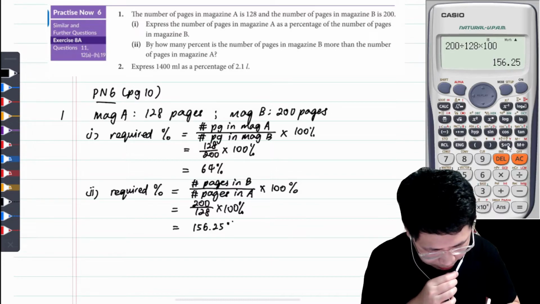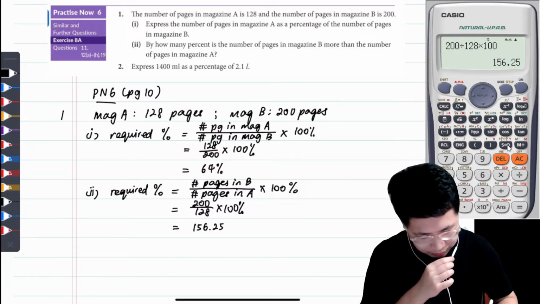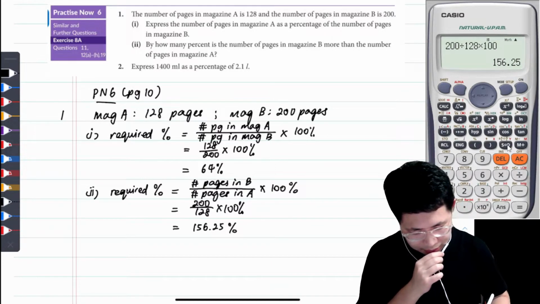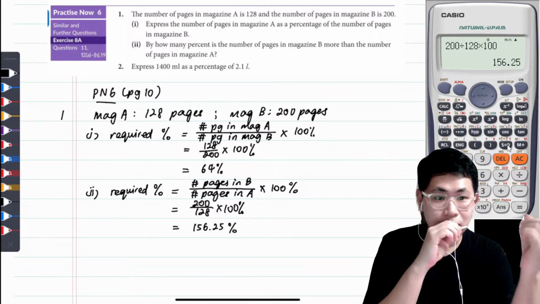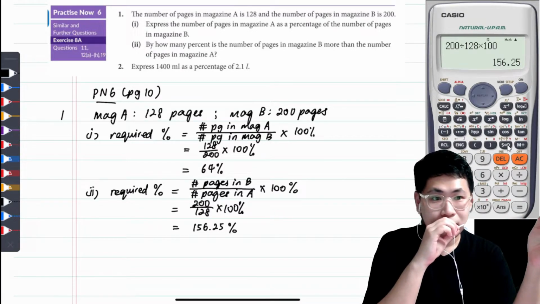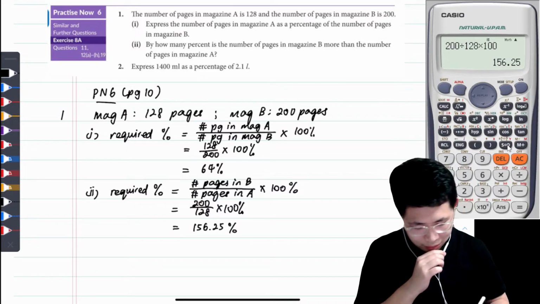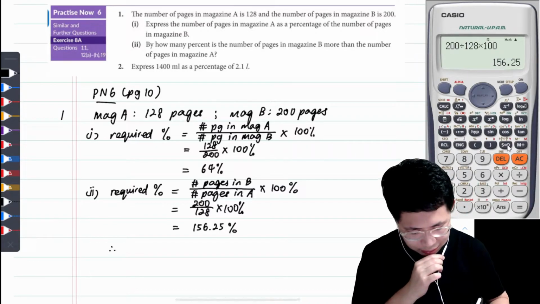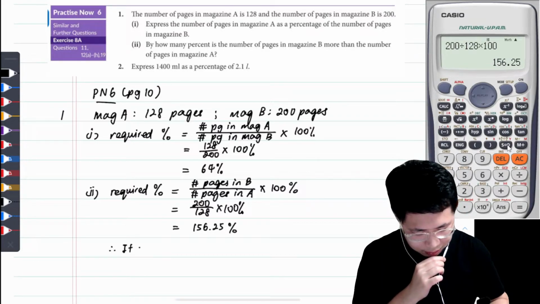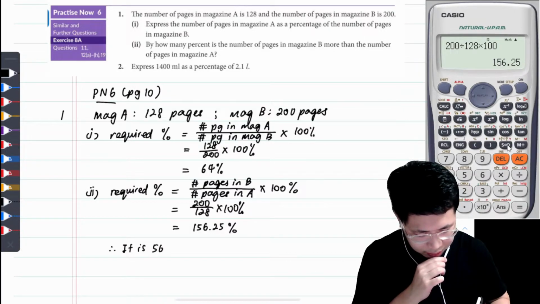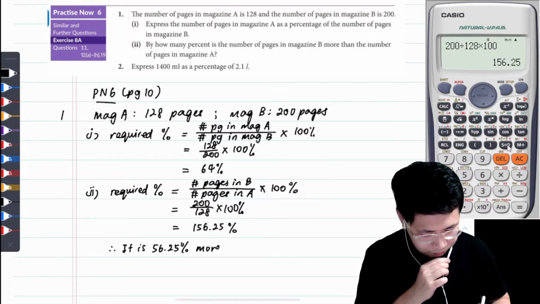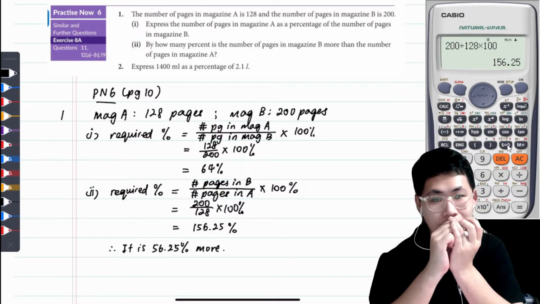Okay, so this is an exact value, so I can just leave it like this. Okay, so the next thing is, because it's 156%, so it's actually 56% more. Okay, so the final answer is 56.25% more. Okay, so this is the answer that we're looking for.